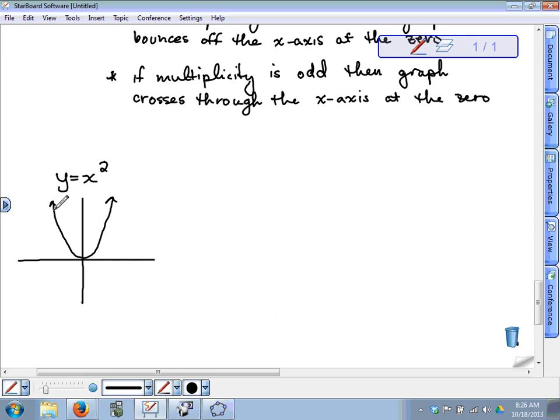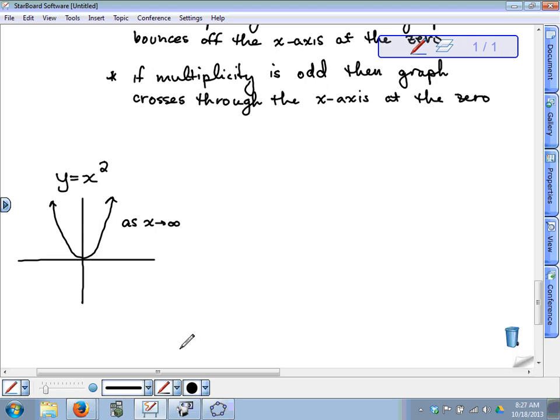End behavior has two sides because there's two sides to a graph. There's the one going up to the right and the one going up to the left. So you have to have two parts as you describe end behavior. So let's first describe this one. As x approaches infinity, there's another part of this, and we got to figure out how to write it.